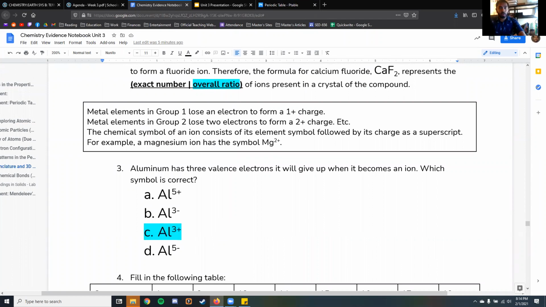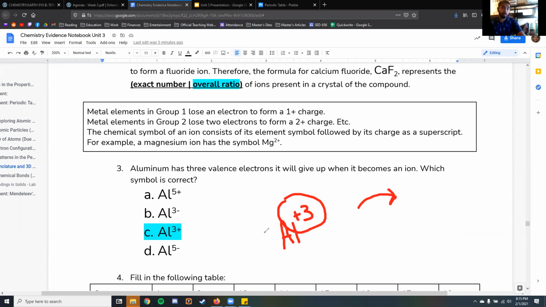Now, the issue with charges is, and I understand, it's a confusing thing. If aluminum gives up electrons, you might think to yourself, okay, aluminum gave up 3 electrons. It's -3. But that's not the case. These numbers here don't represent just whether you have more or less of something. They represent specifically the charge. And so if aluminum loses 3 electrons, that means electrons went away, and so this is actually a positive.